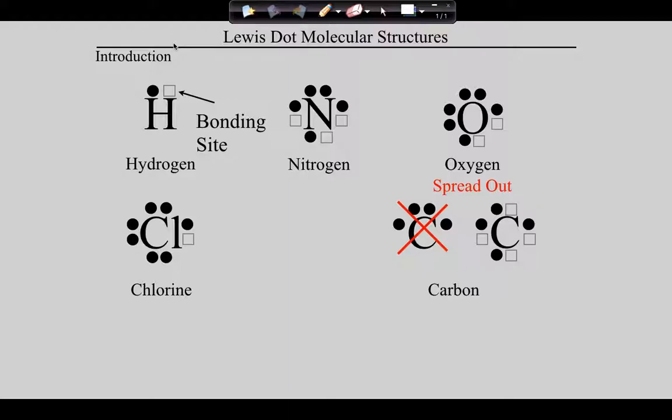Okay, so guys, now watch what we're going to do with this. We're going to take these Lewis dot structures and start literally putting them together and forming molecules. Don't write this down until I tell you. We're going to take an oxygen atom, and how many bonding sites does oxygen have? 2.